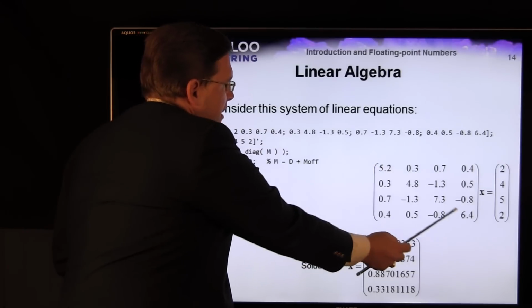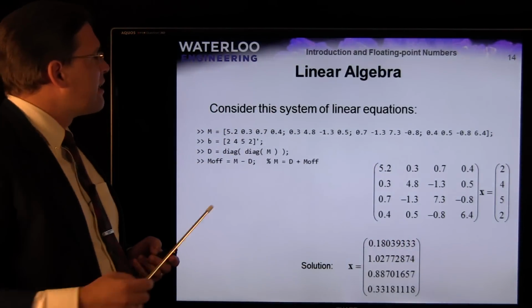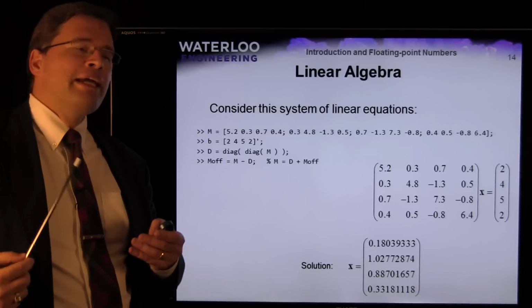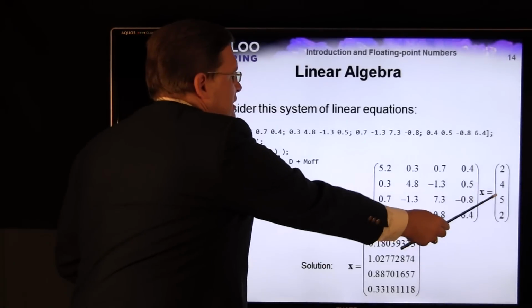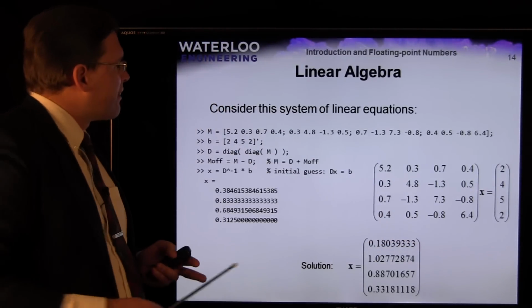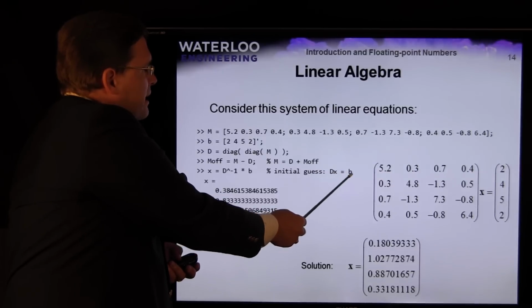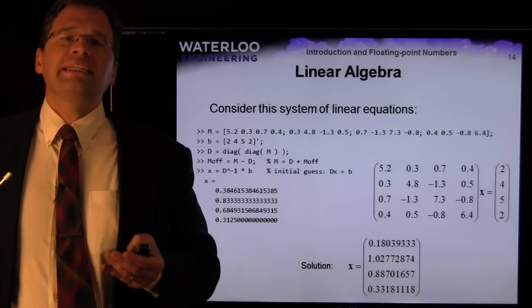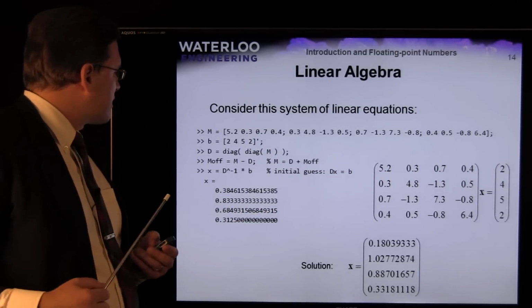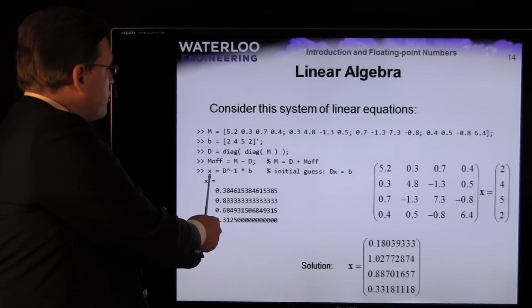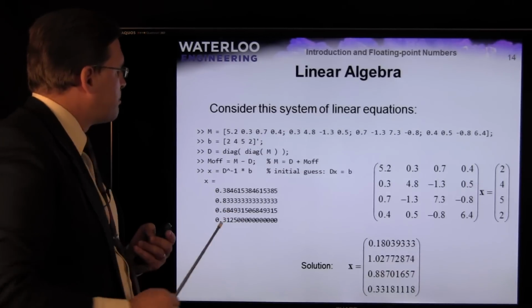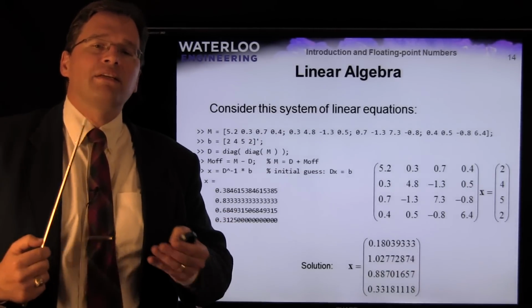So let's just take the diagonal entries, the matrix D times x is equal to b, and let's solve the system D times x is equal to b. Well, because D is a diagonal matrix, this is quite easy. The solution is just the inverse times b, and finding the inverse is quite trivial.